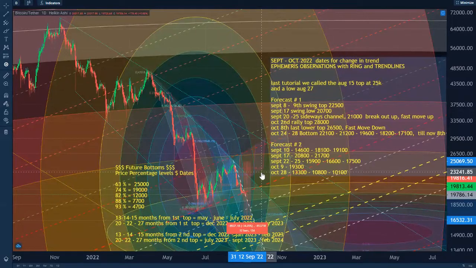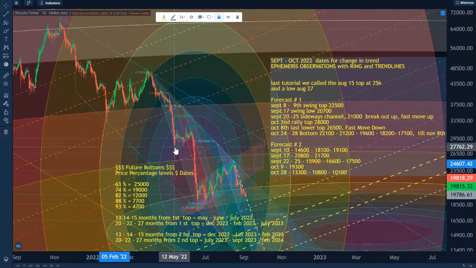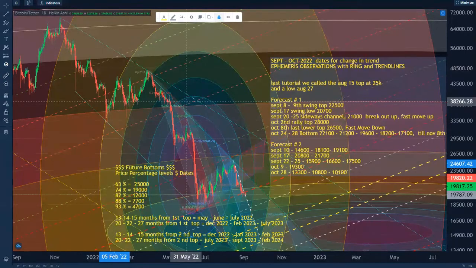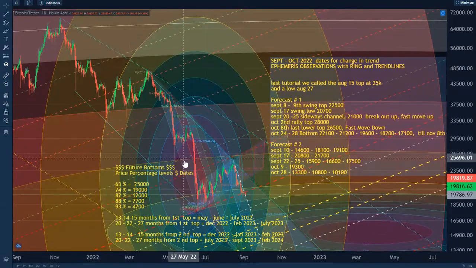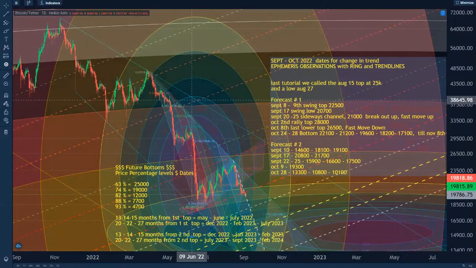Why am I saying that? Because this move down here was 31%, and this one down here was 40%. So that's a quick recap as to why I think this.